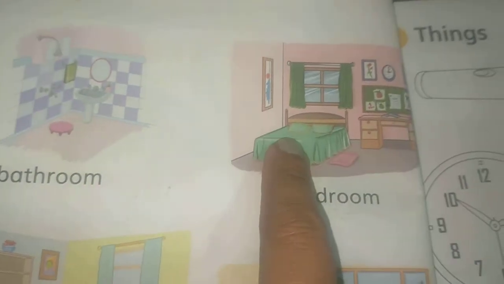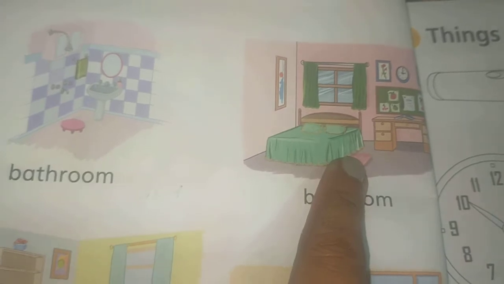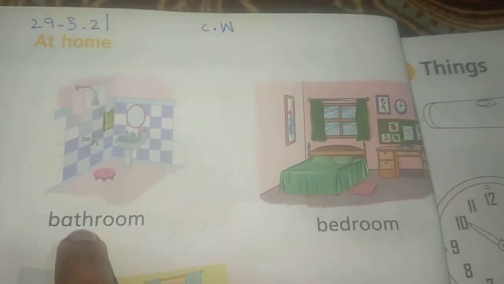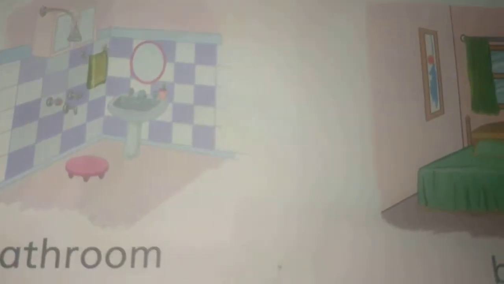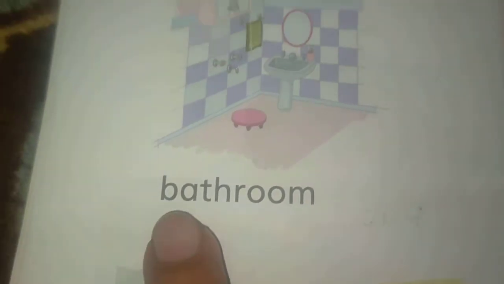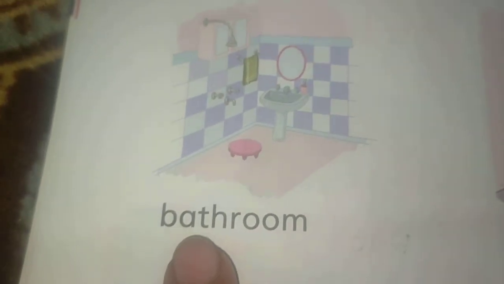We wake up early in the morning and we first go to the bathroom. Why? Just to clean our teeth, mouth, and take a shower. Okay, nursery class, so look at the bathroom. First look at the spelling of bathroom: B-A-T-H, bath.